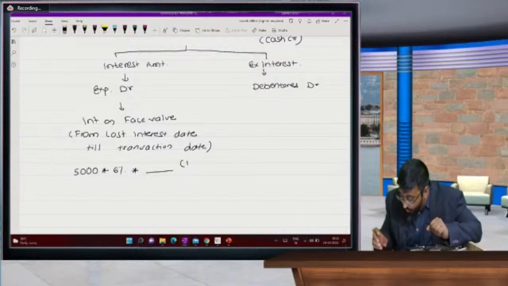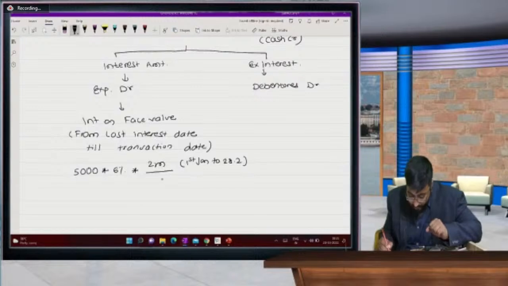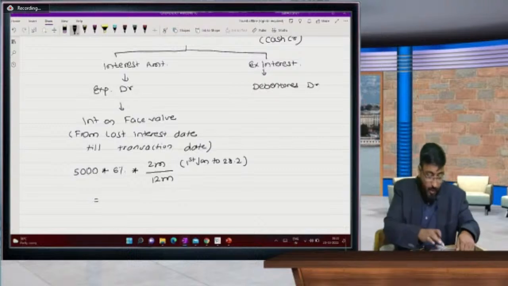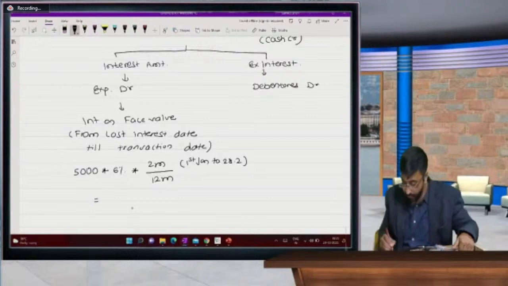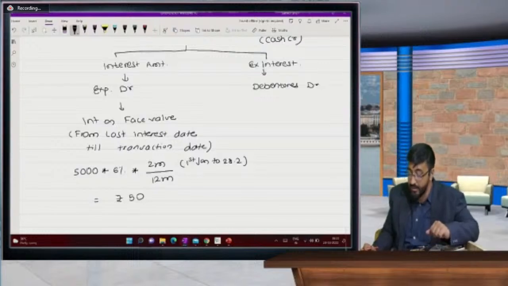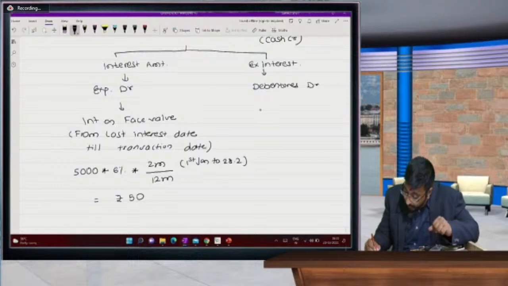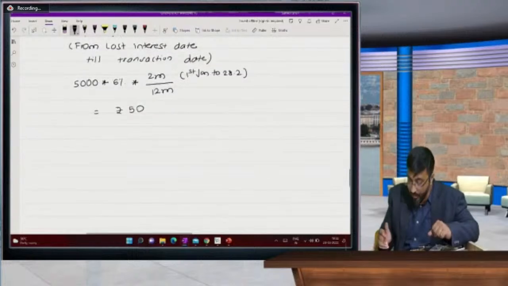So from 1st Jan to 20th Feb, 2 months, and 12 months. 5,000 into 6% divided by 6, rupees 50. Rupees 50 is interest expenditure, and balancing figure 4850. So what is the entry?